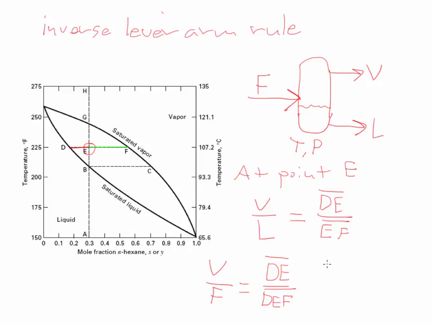All right, and similarly, to find the liquid flow rate as a fraction of the feed flow rate, you're going to take the line segment closer to the vapor now, so EF, and divide that by the total length of the line, again, DEF. All right, so the inverse lever arm rule is going to give you the ability to calculate both vapor and liquid flow rates given the feed flow rate.